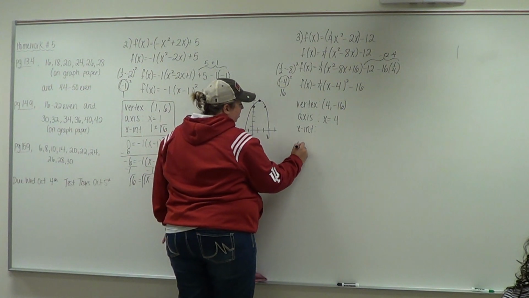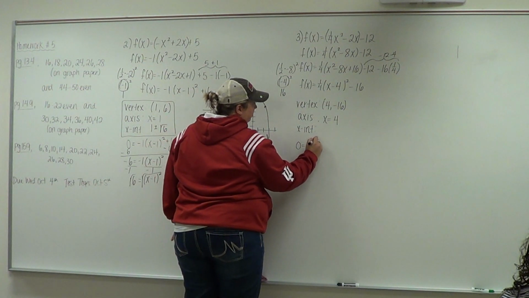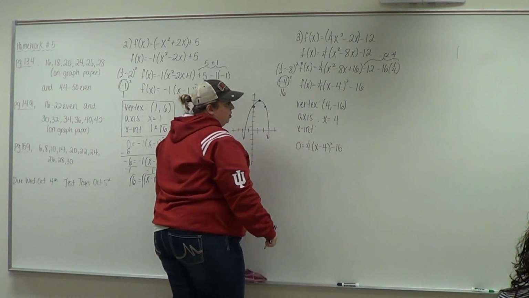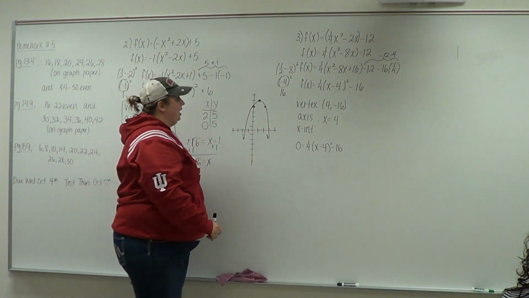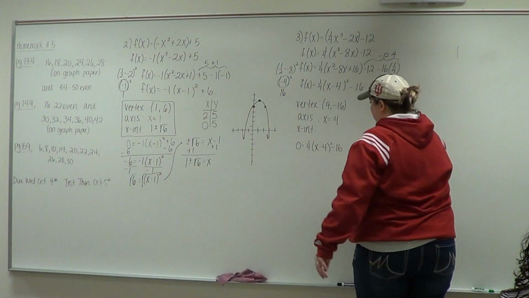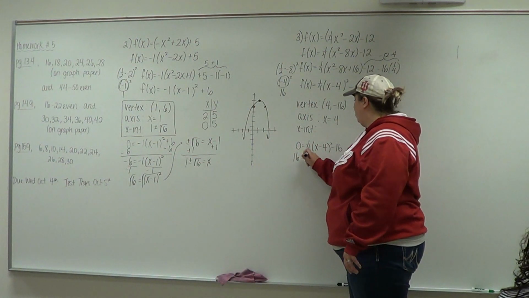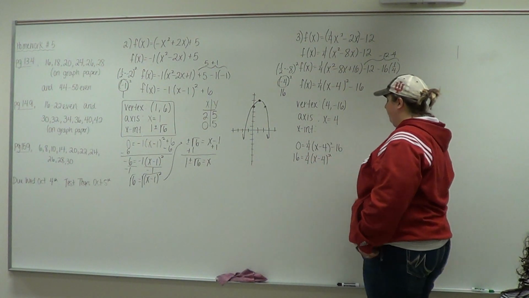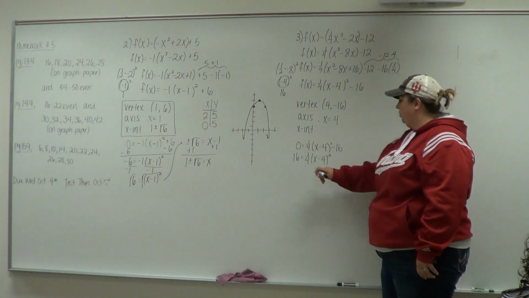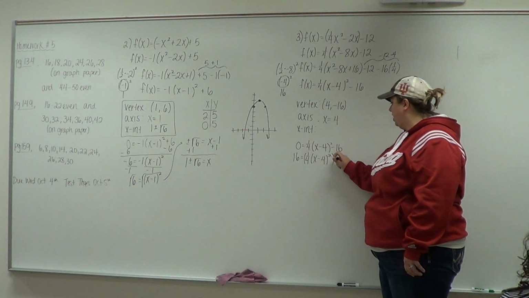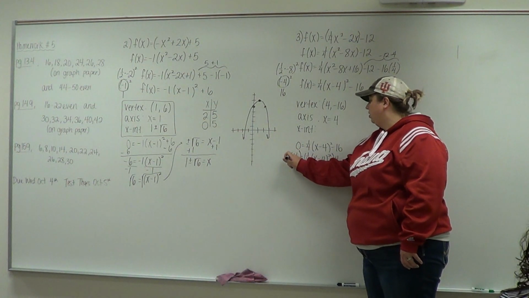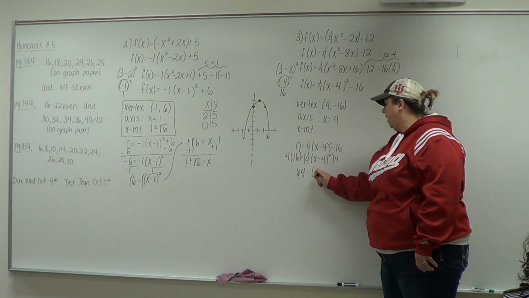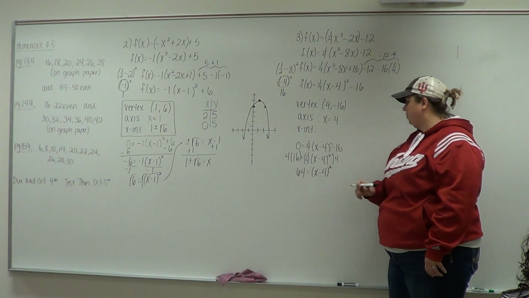And then to find your x-intercepts, put 0 in for y and solve. So first thing I do is add 16. I have 16 equals 1/4 times x minus 4 squared. Okay, get rid of the 1/4, so we're going to multiply both sides by 4. So I have 64 equals x minus 4 squared.